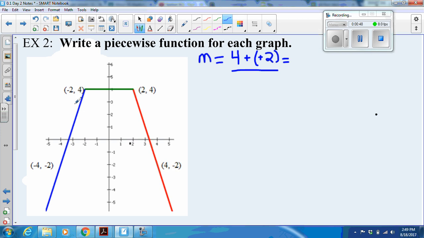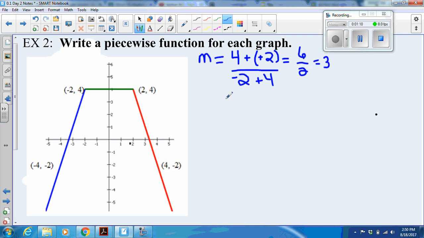When it comes to the x values, it does. Since I used 4 first, now I have to use negative 2, so I do negative 2, and then minus a negative 4, which gives me a plus 4. So I get 4 plus 2 to give me 6, and then on the bottom, I have negative 2 plus 4, which gives me 2. So my slope in this case is going to be 3.